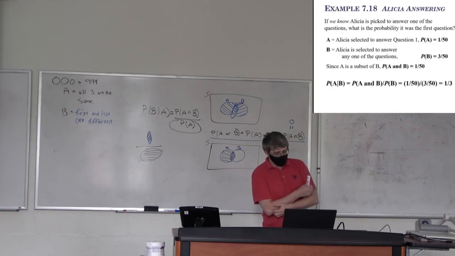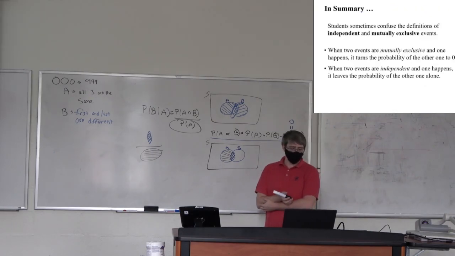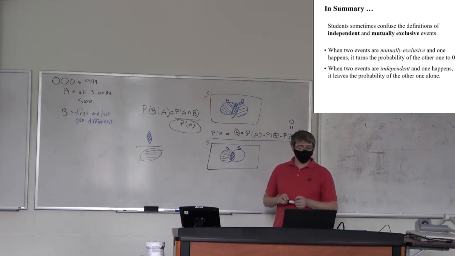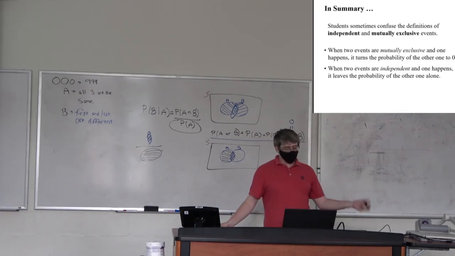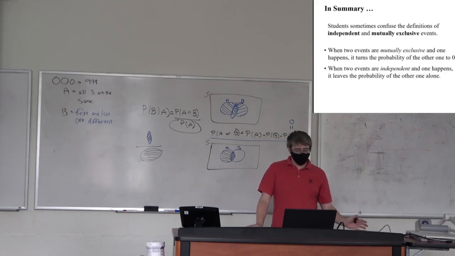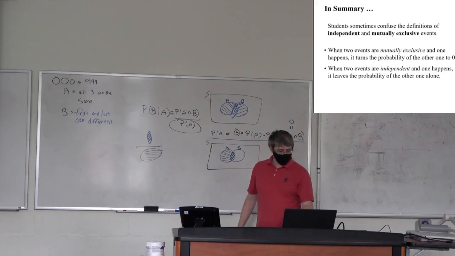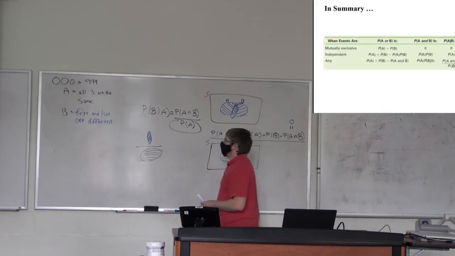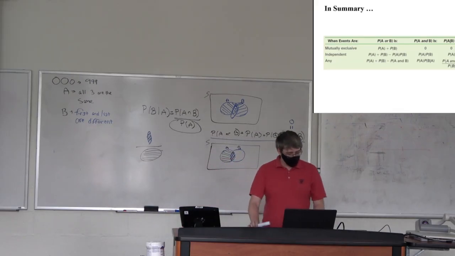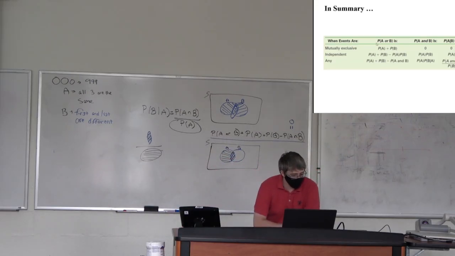So overall, students sometimes confuse the definitions of independent and mutually exclusive events. When they're mutually exclusive, when one happens, it turns the probability of the other one to 0. And when they're independent and one happens, it leaves the probability of the other alone. And so here's a common way to think about it. The first two rows are, the first one's mutually exclusive, the second one's independent.